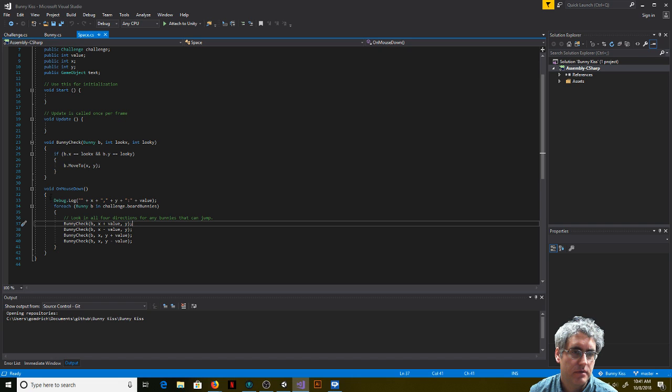Feels like for each of those I need to know that there's a bunny in the way. I need to know in between the space where I am and this new space, is there a bunny on the path?